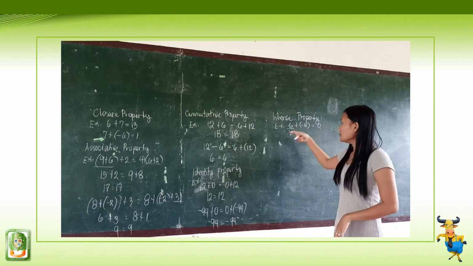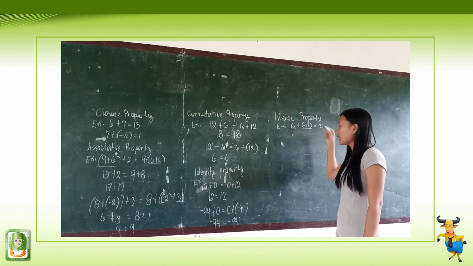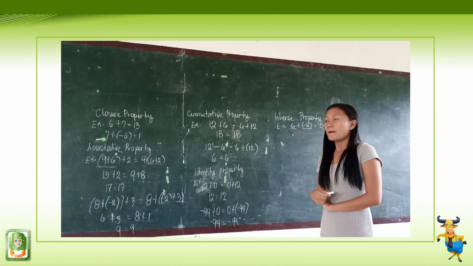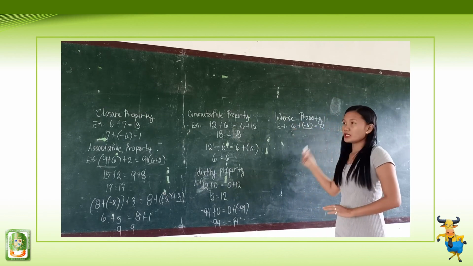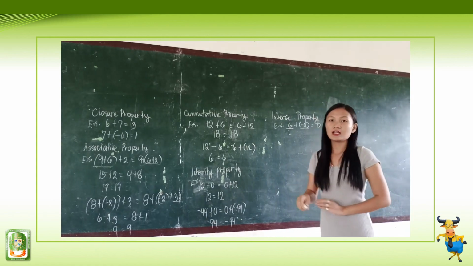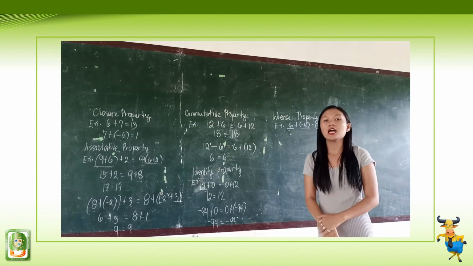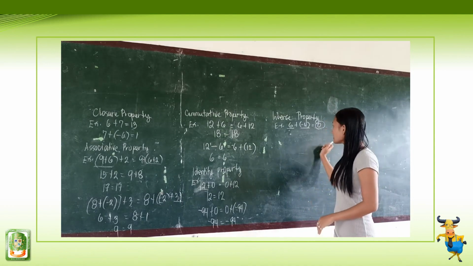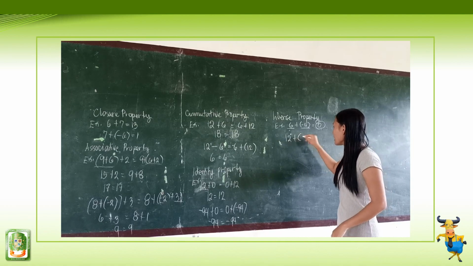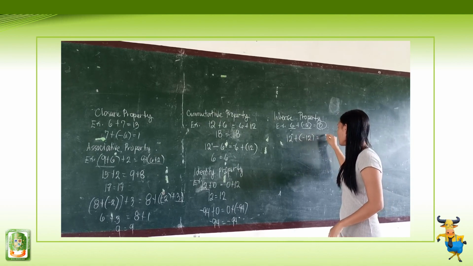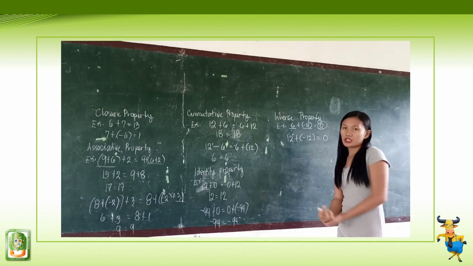Kasi, ang sign natin sa 6 is positive, then ang sign natin dito is negative. Kapag ang given natin ay pareho ang number and different ang sign, automatic na magiging sagot natin ay 0. Next example, 12 plus negative 12 is equal to 0. So this is the inverse property.